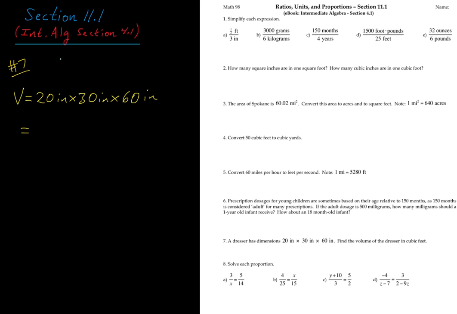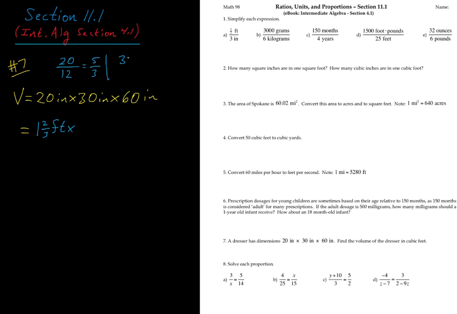Well, this would be 20 divided by 12, right? Which is how much? Well, I could divide both of these by 4, right? So this would be 5/3, or in other words, 1 2/3 of a foot.